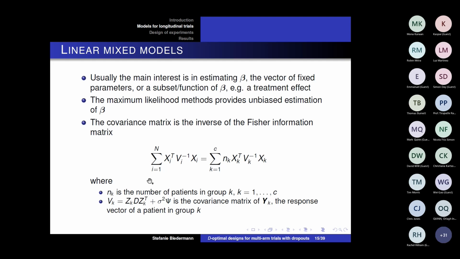We can write the Fisher information as the sum of individual information matrices for all patients, where V_i is the covariance matrix of the vector y_i for the ith patient. Or we can also write this in terms of groups. If we have C groups, n_k is the number of patients in group k.